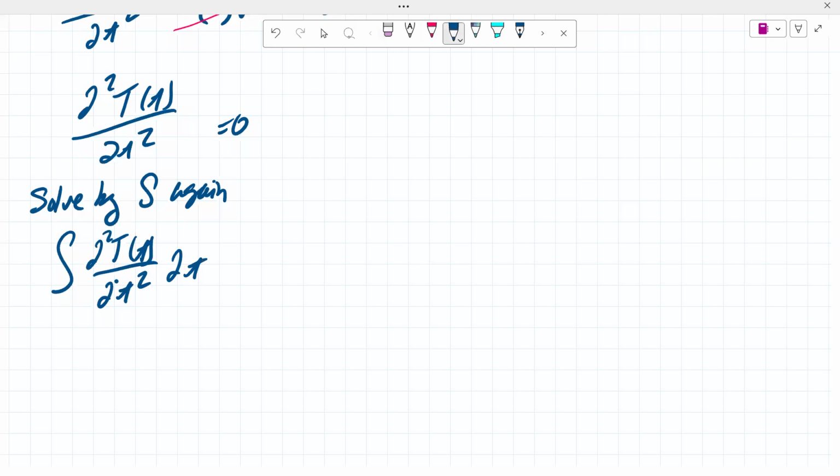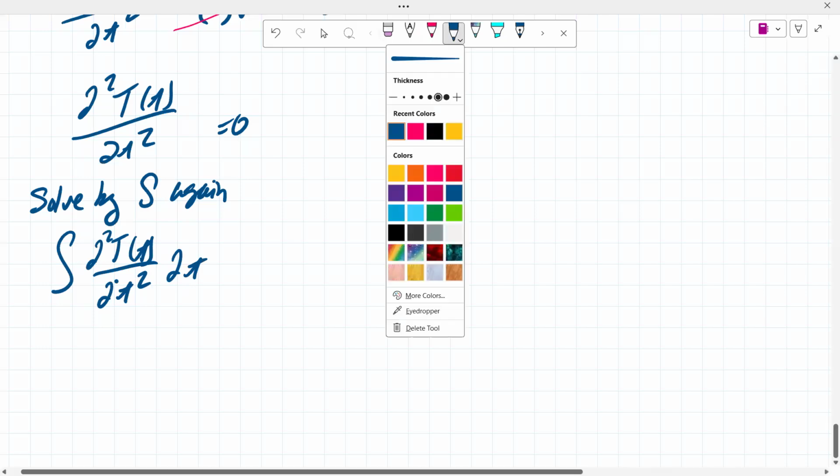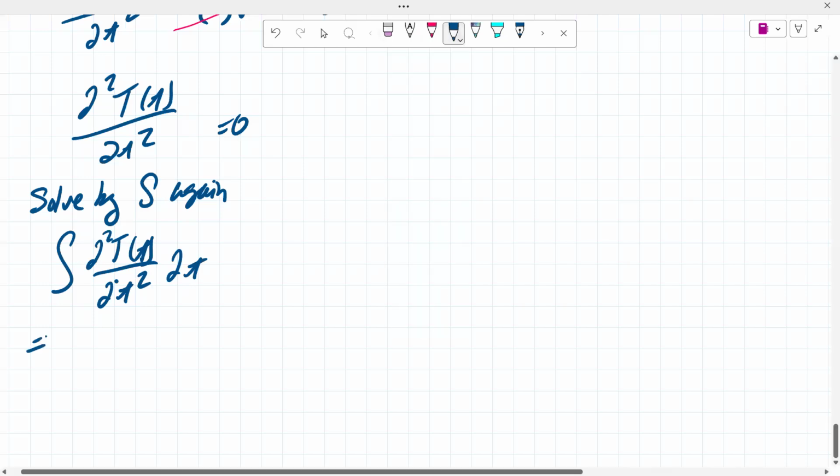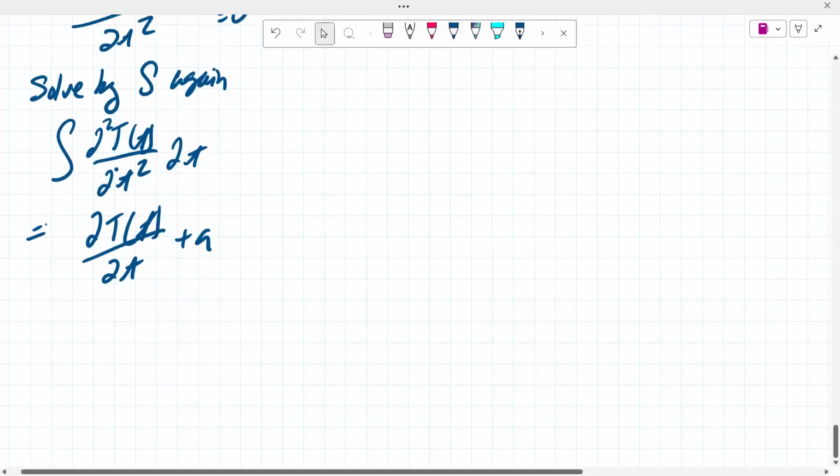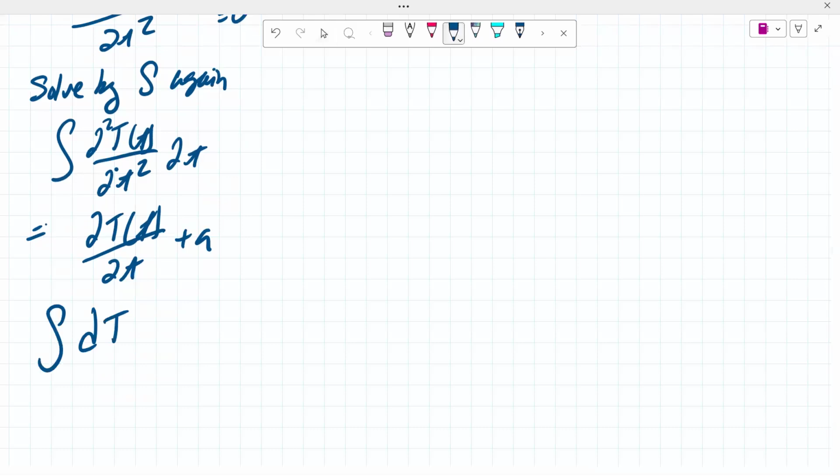So we're going to integrate, and when you integrate out, you lose one power. So you get dT of t over dt plus A, your integration constant. And then we're going to integrate again.